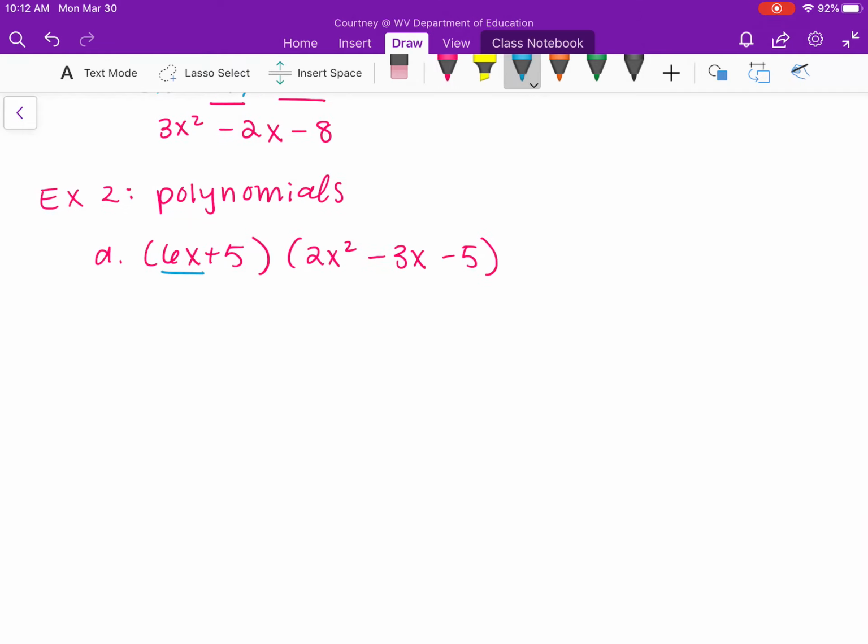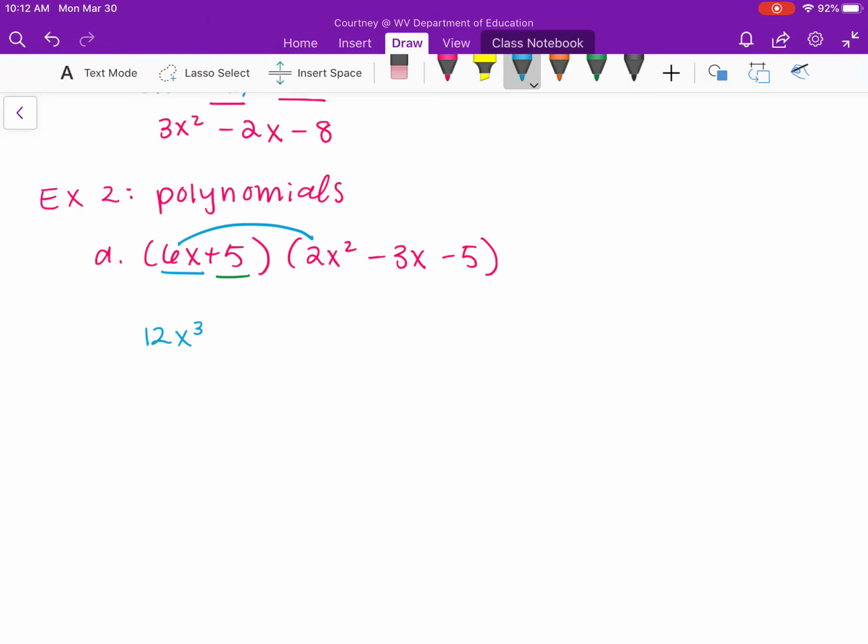Again, I have blue and I have green. Let's start with the blue, and we're going to take the 6x to each thing over here. First, let's take it to the 2x squared. 6x and 2x squared. Multiply the coefficients to be 12. And then add the exponents.